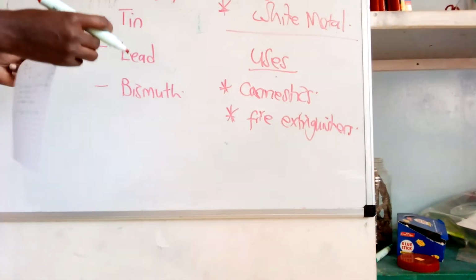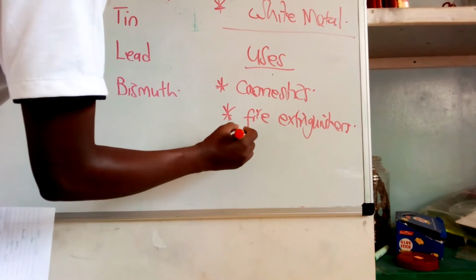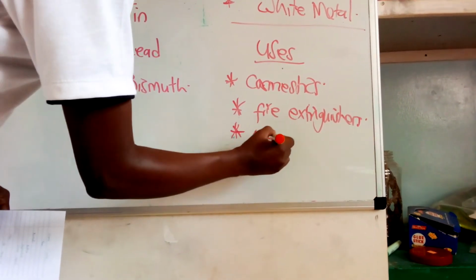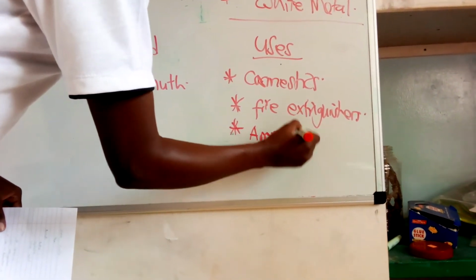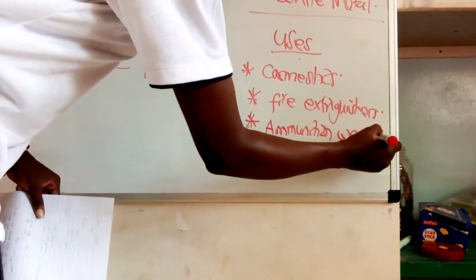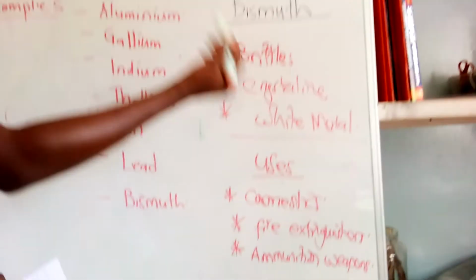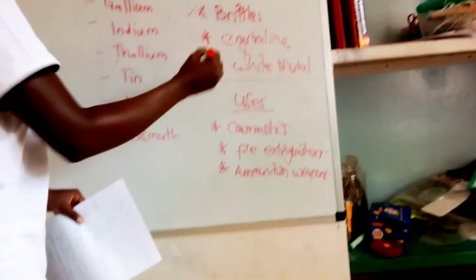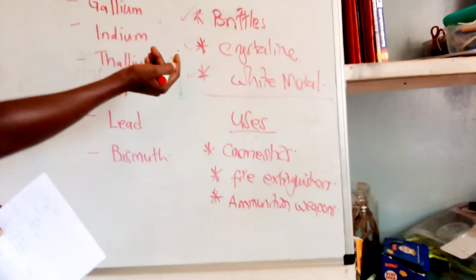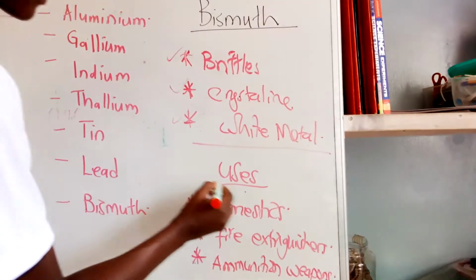And it can be used in ammunition, or in parts of ammunition weapons. So this is just for you to check and see whether this is what you had as far as the research is concerned. If you have others, you can add them on and make your work nice.